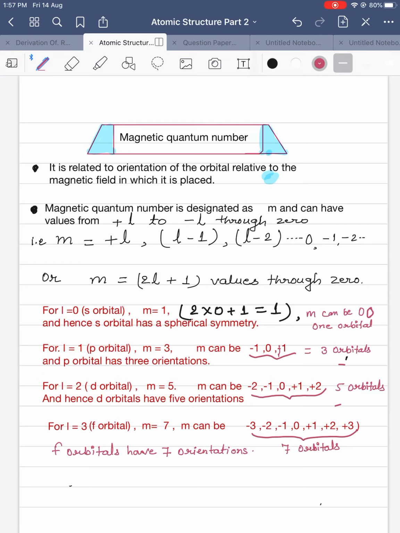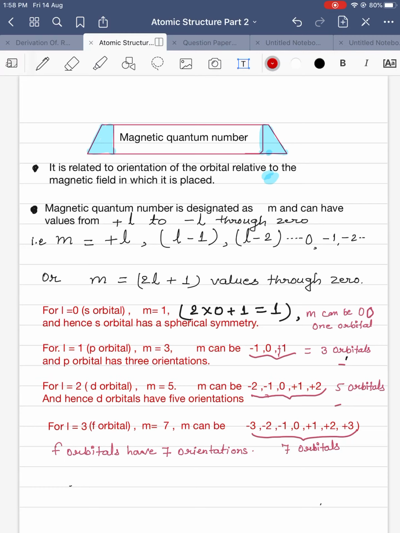For L is equal to 2, d orbitals, the number of values of m is equal to 5. m can be -2, -1, 0, +1 and +2. Total number of orbitals are 5, and hence d orbitals have 5 orientations.